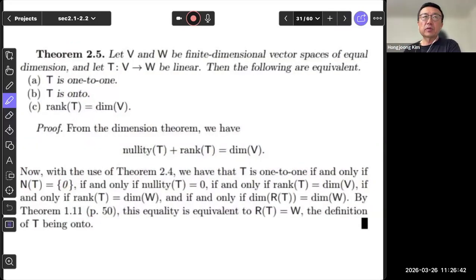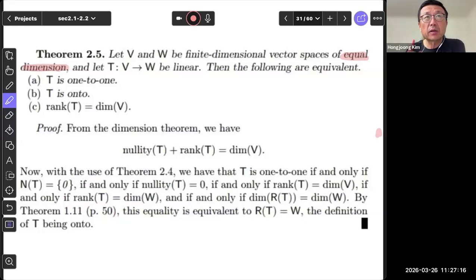Now let us consider theorem 2.5. Suppose that I have finite dimensional vector spaces V and W, and let me assume that the dimension of the domain and the dimension of the codomain are equal. So I will assume that V and W have the equal dimension. Then the following three statements are equivalent.